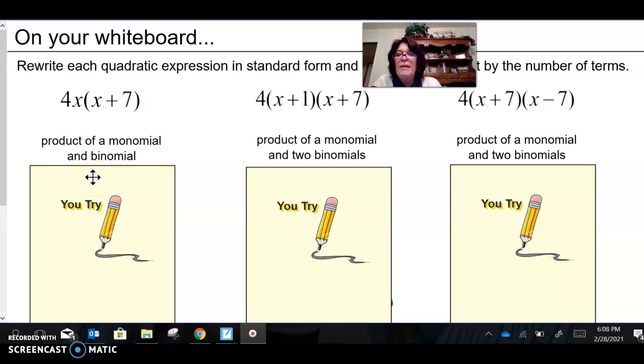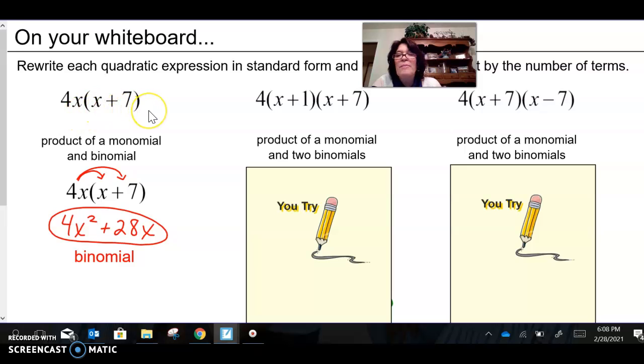Okay, hopefully you paused me and you're back. When I took 4x times x plus 7, 4x times x, remember you add the exponents. So there's an understood 1 here as the exponents. 1 plus 1 is 2. So that's 4x squared plus 4 times 7 is 28, 28x.